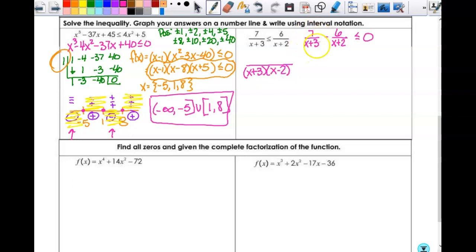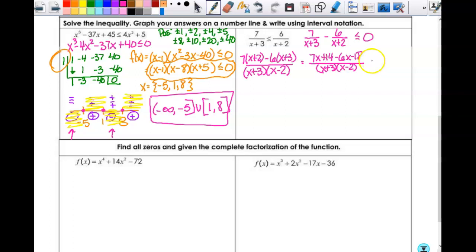So I need to multiply this one by x plus 2. So it'll be 7 times x plus 2. And then this one times x plus 3, so minus 6 times x plus 3. So that's going to equal 7x plus 14 minus 6x minus 18 all over x plus 3 times x plus 2.